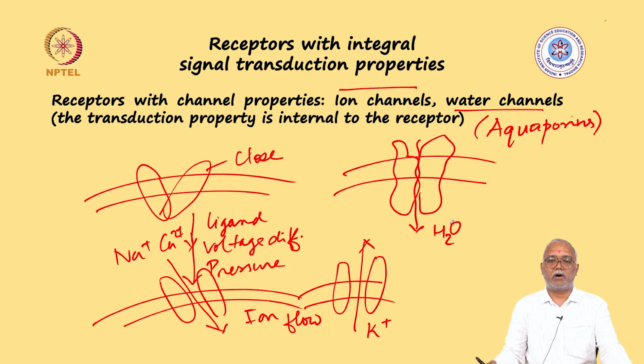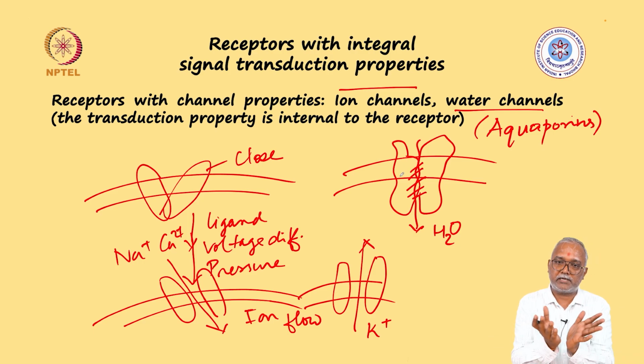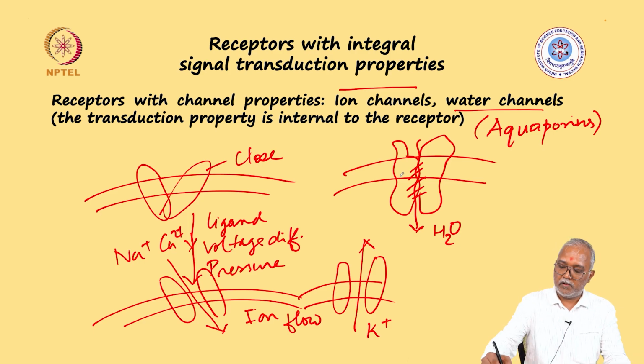Just remember, these are not like ligand-gated channels or voltage-gated channels; rather they have some control in the region inside the interior surface of the channel in the membrane where the water molecule is passing. There are specific residues aligned over there which allow the water molecule to pass through this passage where largely you will have the lipid hydrophobic environment.